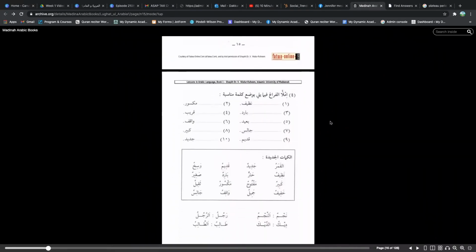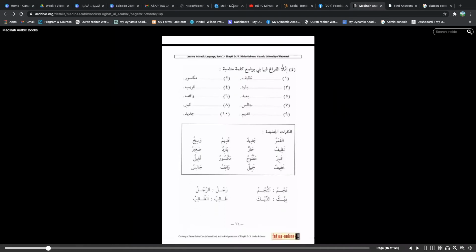Okay. Imla, once again, we see the same fi'l al-amr. This is a command form of the verb imla, which means to fill in. And faragh, the empty space, what's empty, the void. Fima yali, and what follows, biwad'i kalimatin munasiba, by placing or putting.